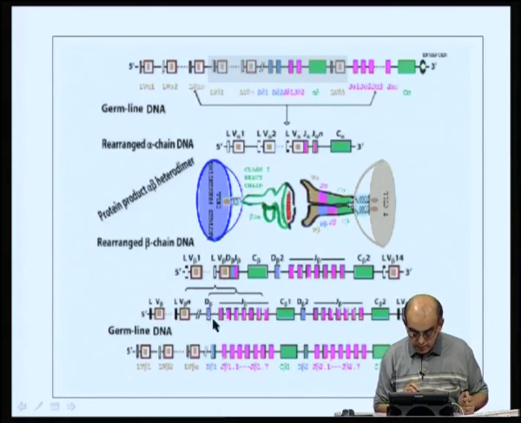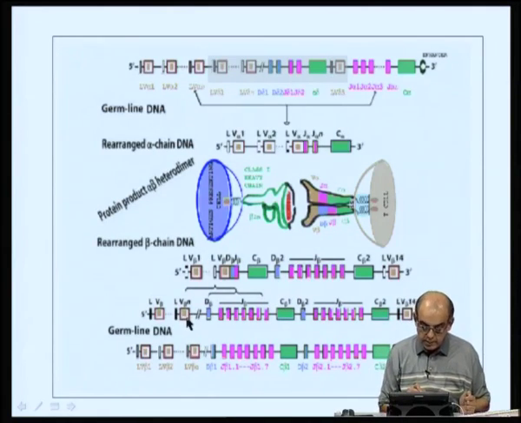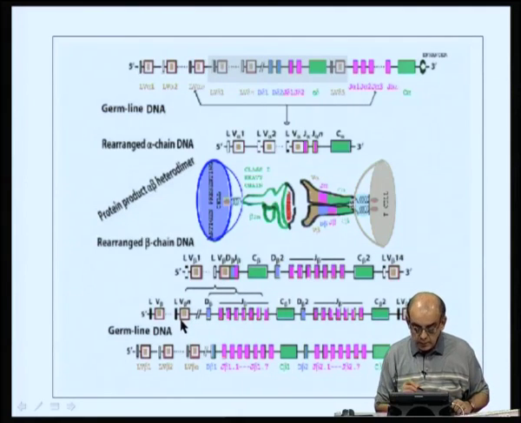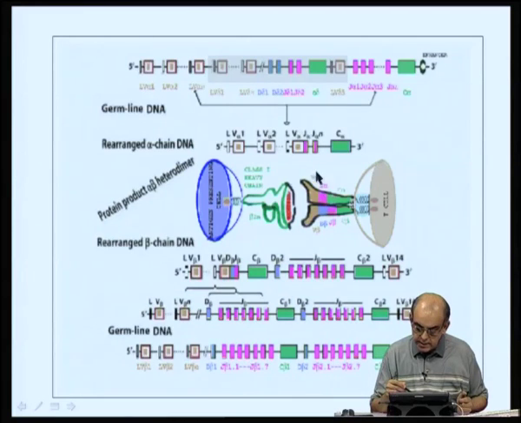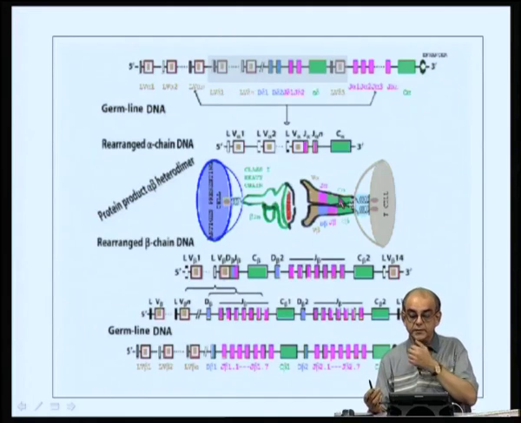So, you have the rearrangement with the diversity segment to one of the joining segments, and then this rearranged segment is then put together with the variable segment. So, basically then you have this gene rearrangement and the rearranged beta chain giving you the diversity in the joining segments over here, and this resulting in the variable joining and constant region for the alpha subunits.